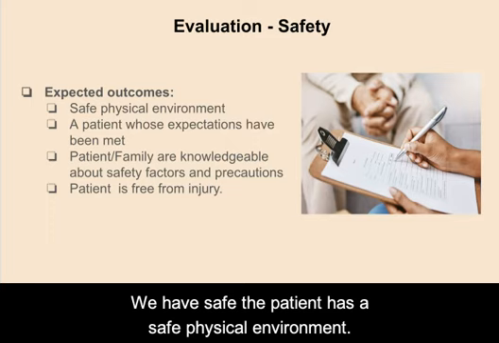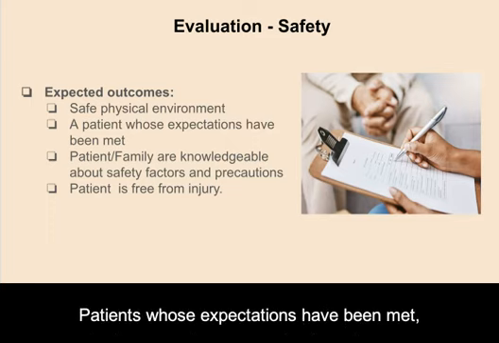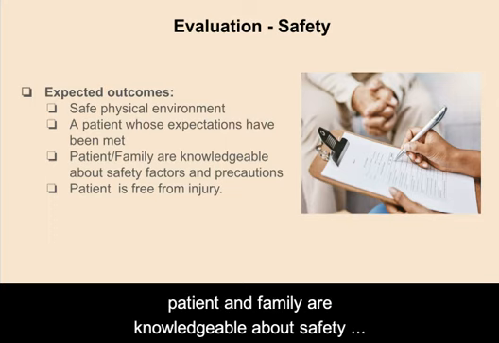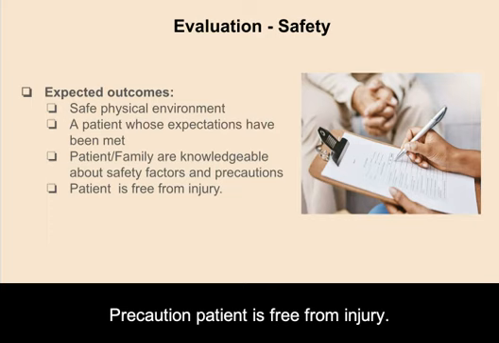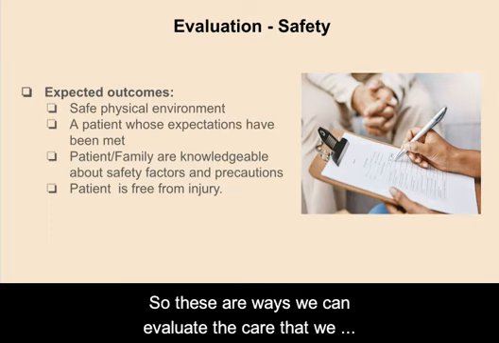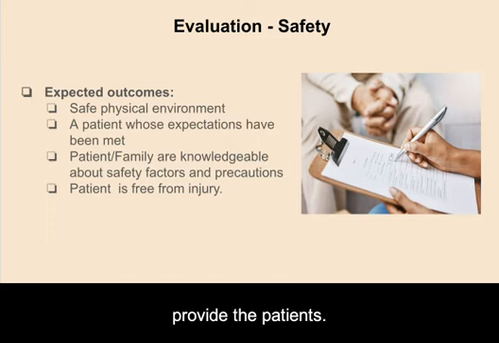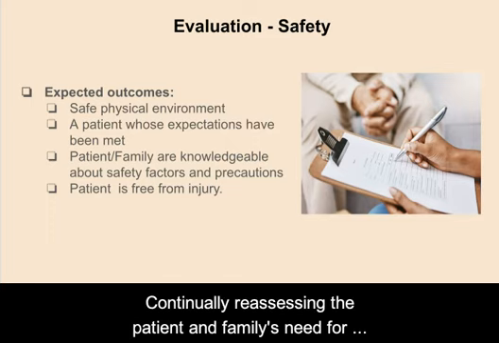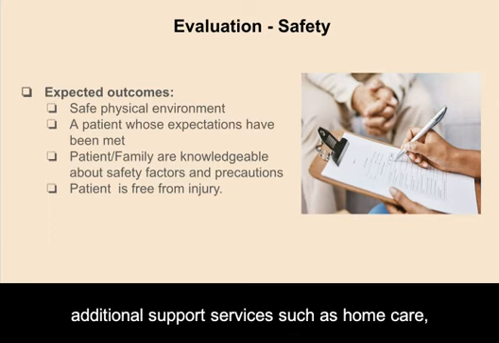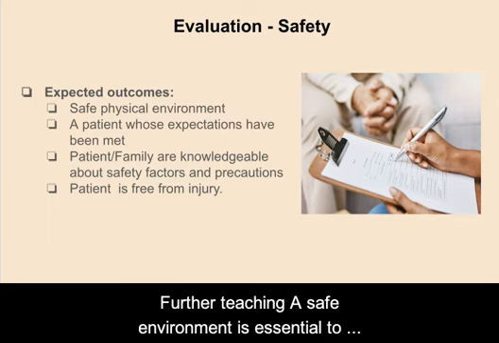We have safe, the patient has a safe physical environment. A patient whose expectations have been met. Patient and family are knowledgeable about safety precautions. Patient is free from injury. So these are ways we can evaluate the care that we provide the patients, continually reassessing the patient and family's need for additional support services such as home care, physical therapy, counseling, further teaching.